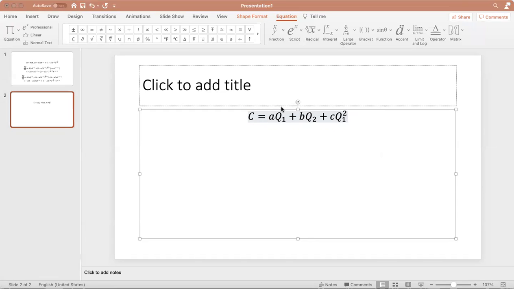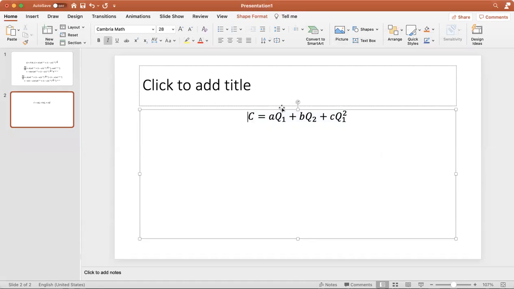The demand function for the two goods, which are supposed to be substitutes in consumption, is given by Q1. So this is the demand, and this is the cost. Let me just write it down for you.